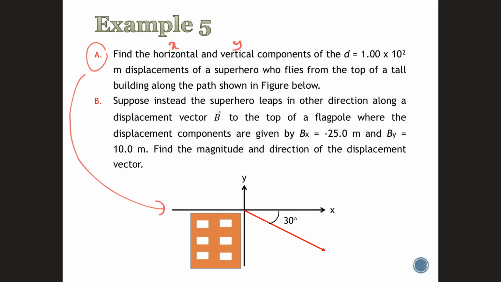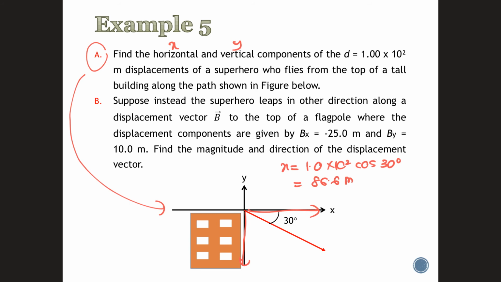So you resolve it into two components. For your x component, it is going to be 1.0 times 10 power of 2 cos 30 degree, so you're going to get 86.6 meter.